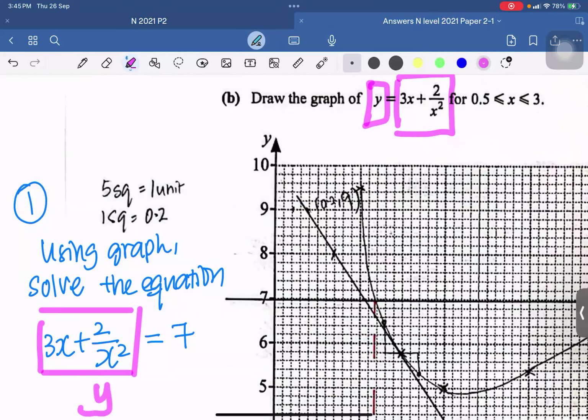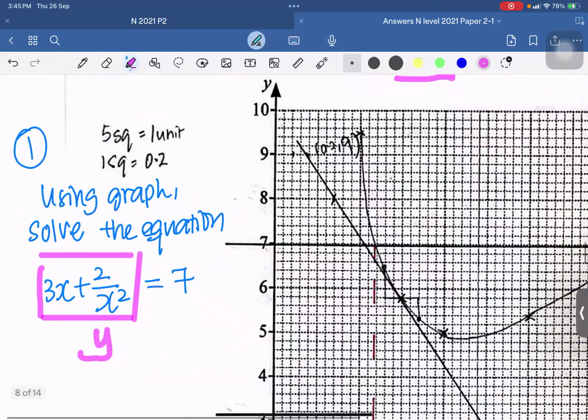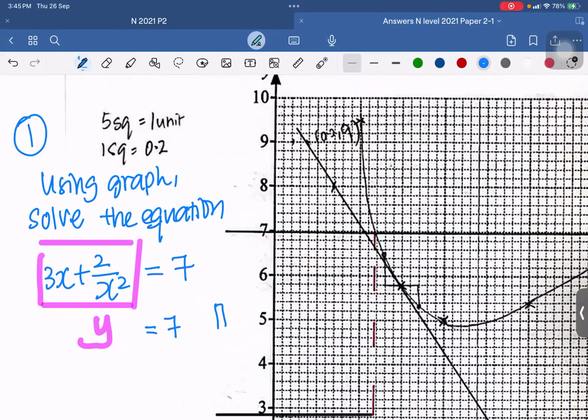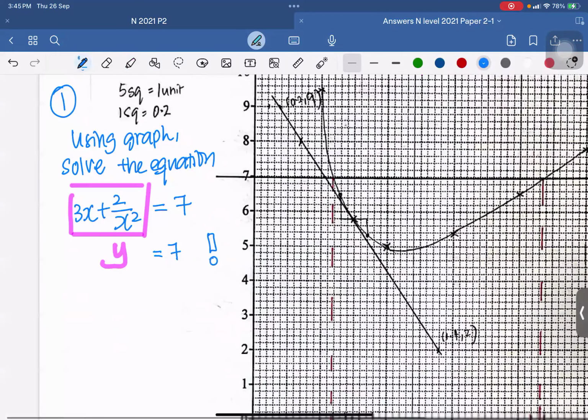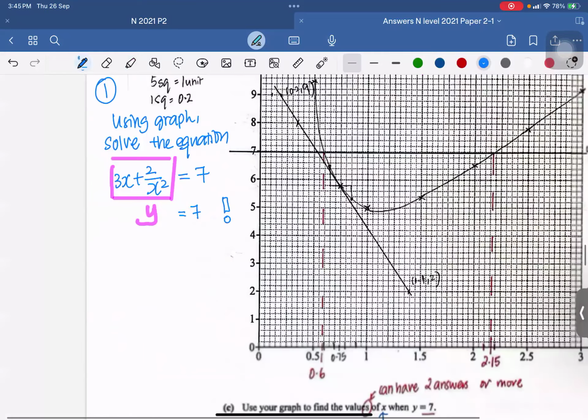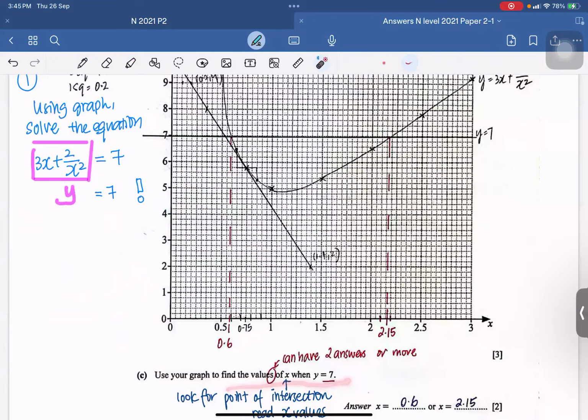So when this is the letter y, it is actually screaming to me that y equals 7. Then it will do the same as this question. Draw the line y equals 7. Look for the point of intersection. Find the values of x.